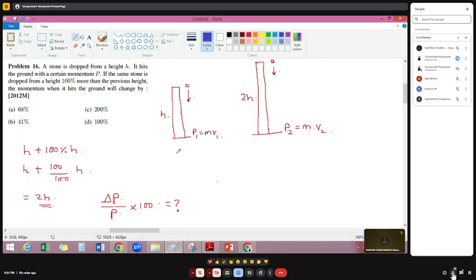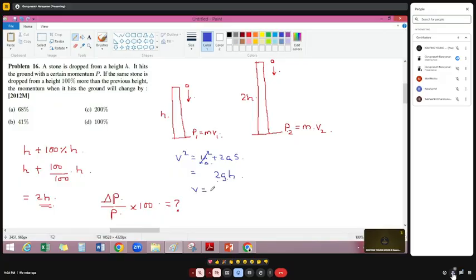Okay, let me quickly finish this. V is equal to U plus AT, but I don't know the time. But they have given you the height. So V squared is equal to U squared plus 2AS. U is 0, dropped. So 2GH.